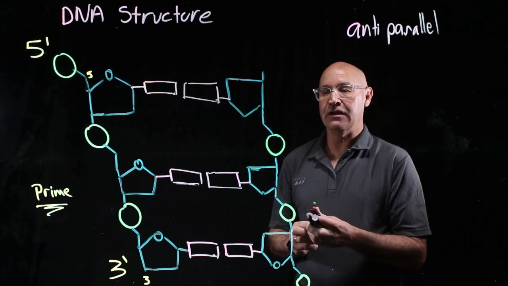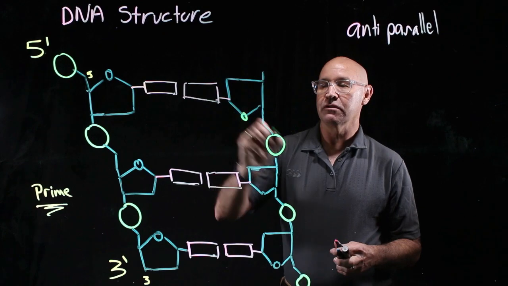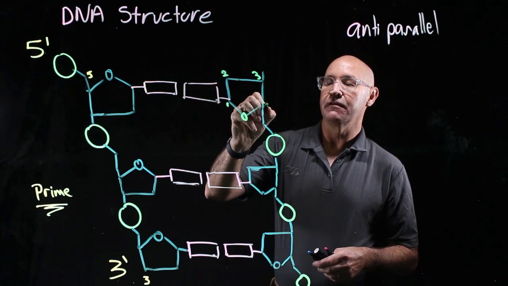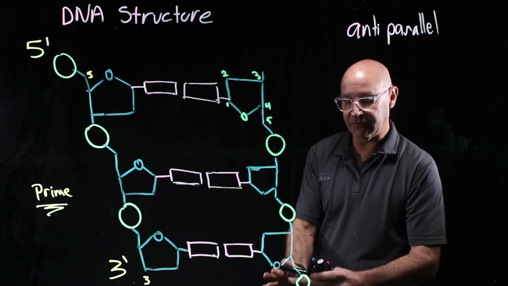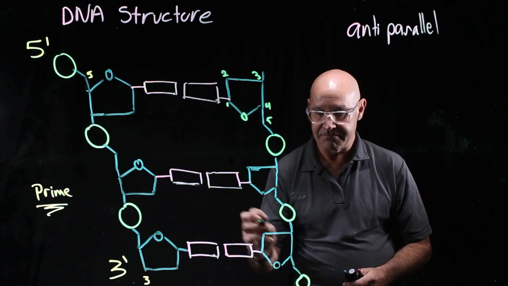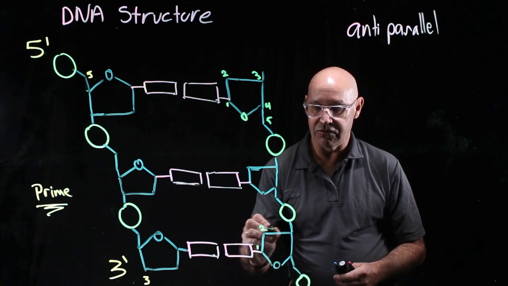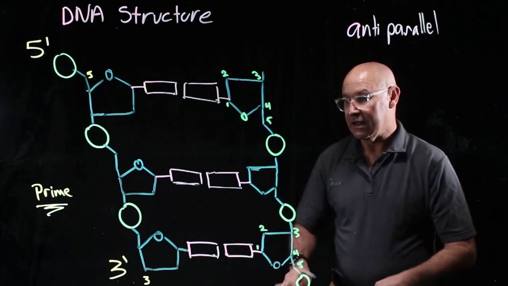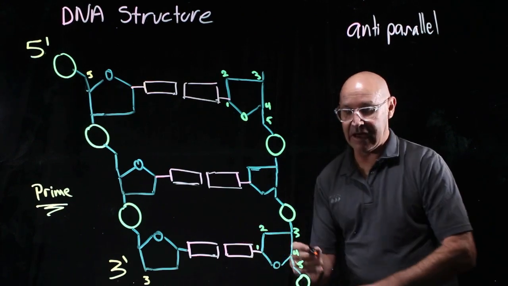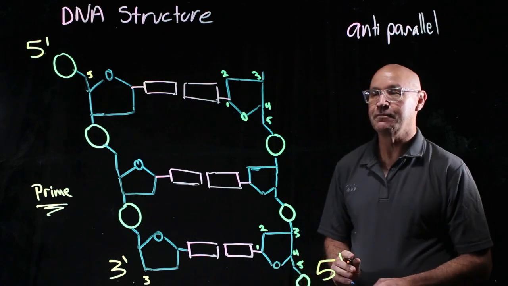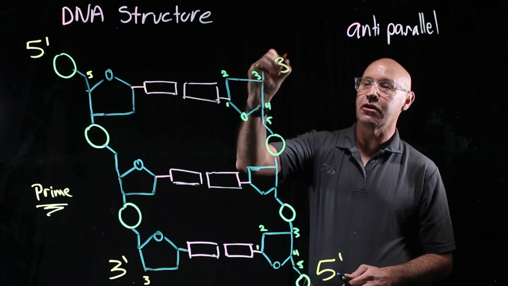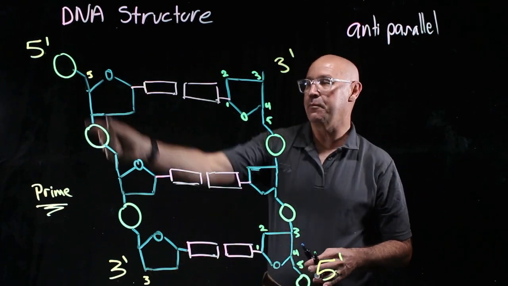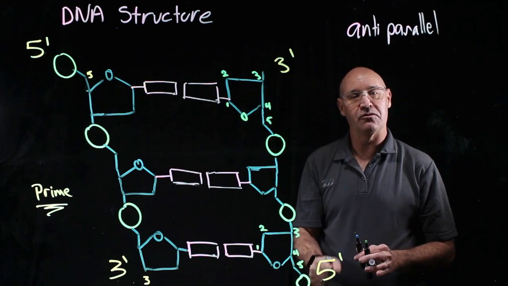If we count these carbons again, that's the O, so that's carbon 1, 2, 3, 4, 5, and if we go down to this one, we've got carbon 1, 2, 3, 4, 5. That means that this is our 5' end and this is our 3' end. So as you can see, they're anti-parallel. This one runs from 3' to 5' and this one runs in the opposite direction.